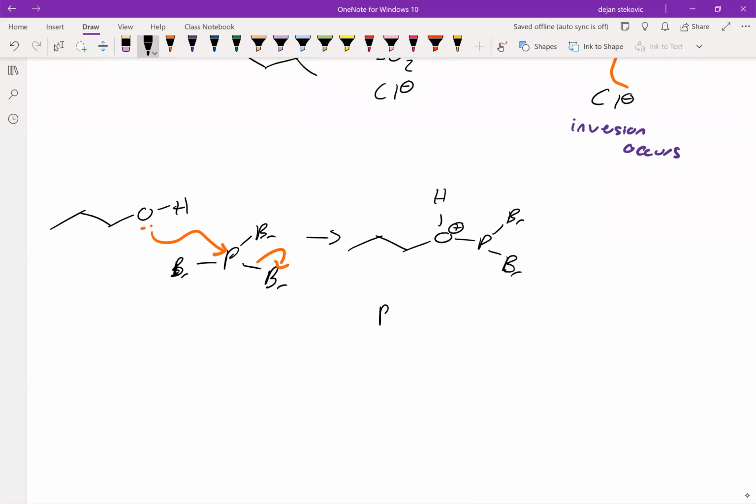And then we simply have our bromide come in and do an SN2 reaction as well. And so in this case, this is where the inversion would occur. In this case, we don't have stereochemistry, so we don't have to worry about that. But then there's our product.